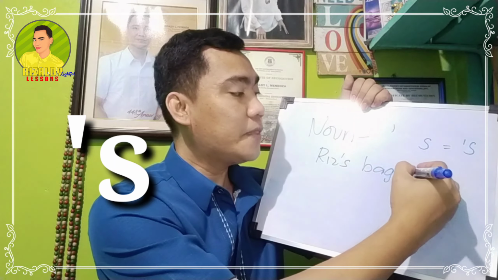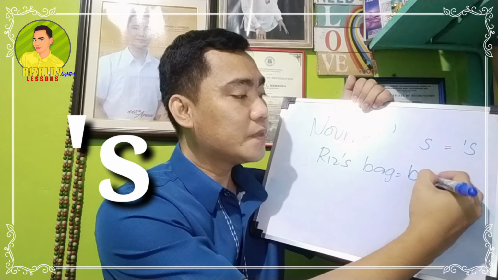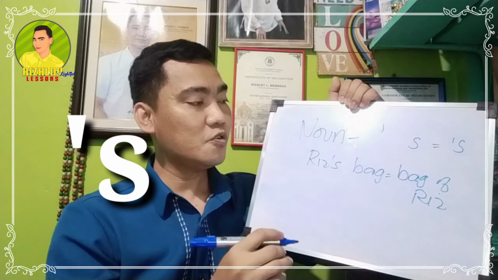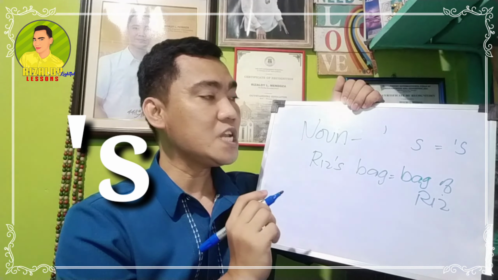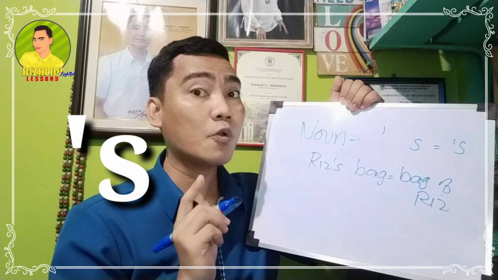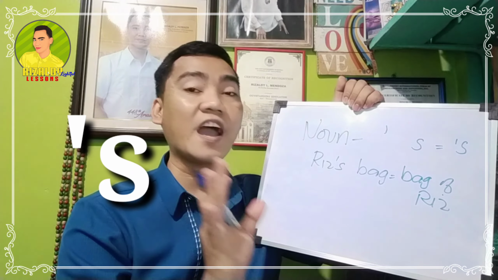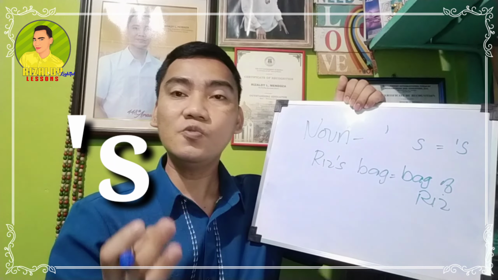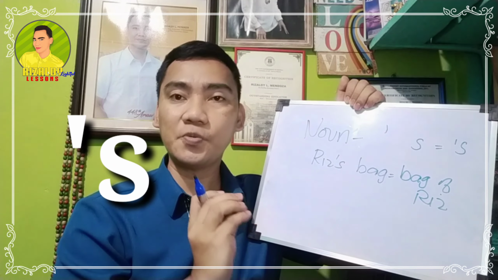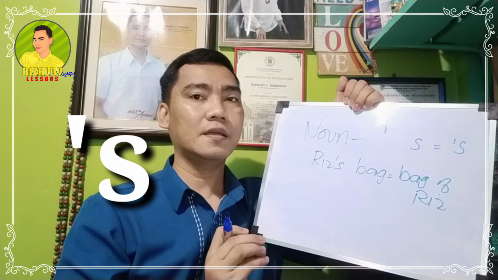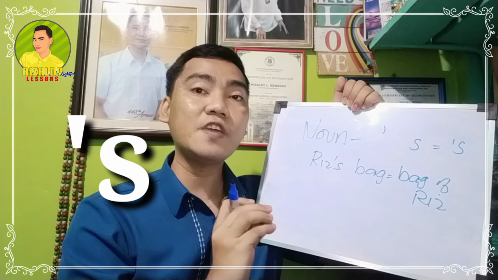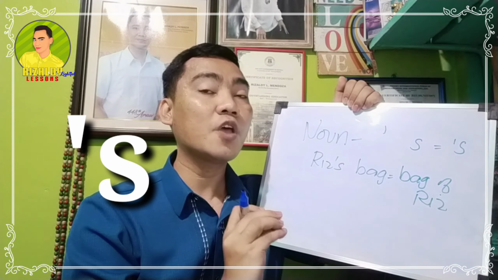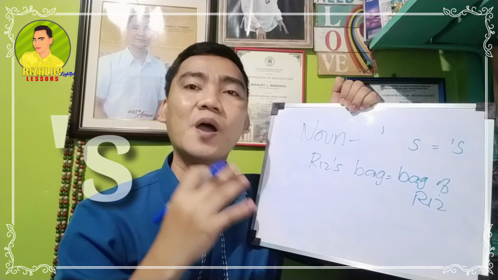So the bag of Reese, right? So that is all about in a possessive noun. On the other hand, for example, we have your possessive pronoun. Possessive pronoun doesn't use the apostrophe s instead. Alright, so for today's video, we will learn about what are these possessive pronouns.